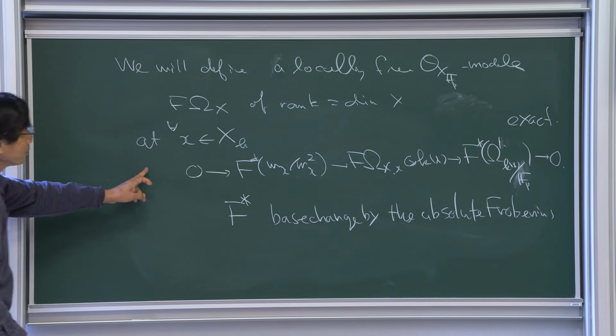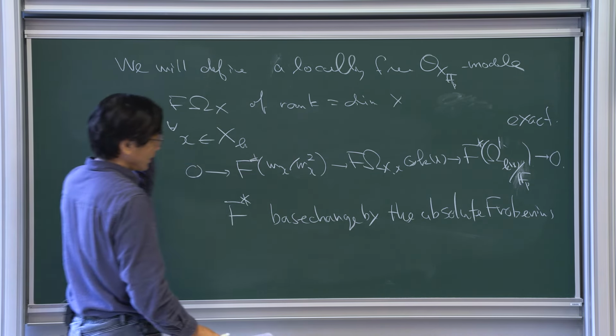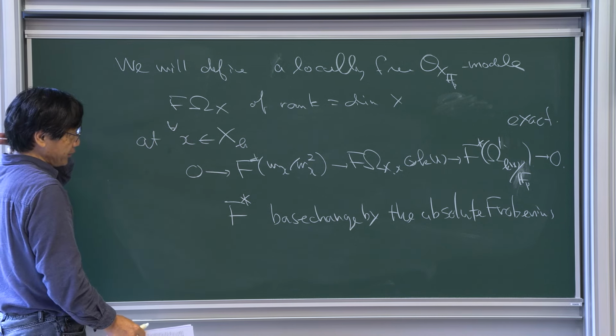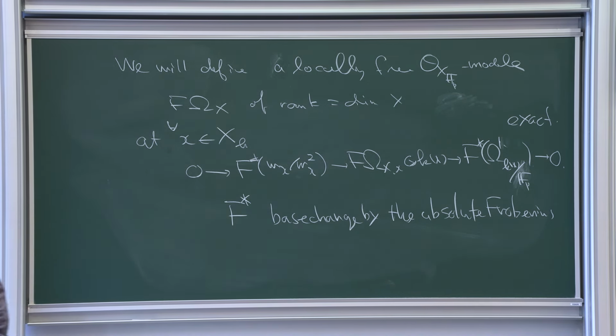So at every point on the closed fiber, we have such an exact sequence. Sorry, maybe I misunderstood something related to Ofer's question, but what if X is A1 over the generic point? If you have only the generic fiber, then it's just 0.